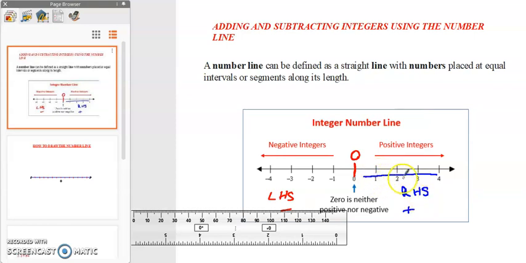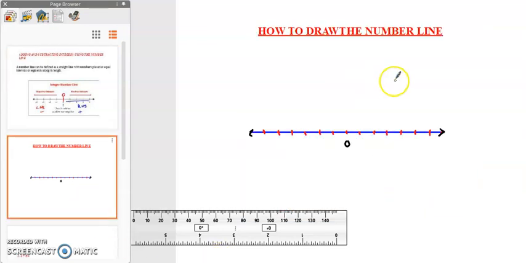So 1, 2, 3, 4, 5, 6. You choose the amount of numbers that you have on it, but ensure that it covers the numbers that you have in the operation.